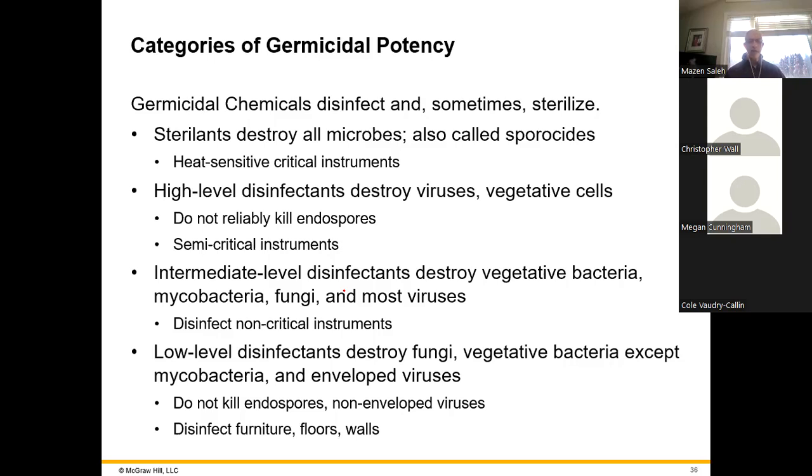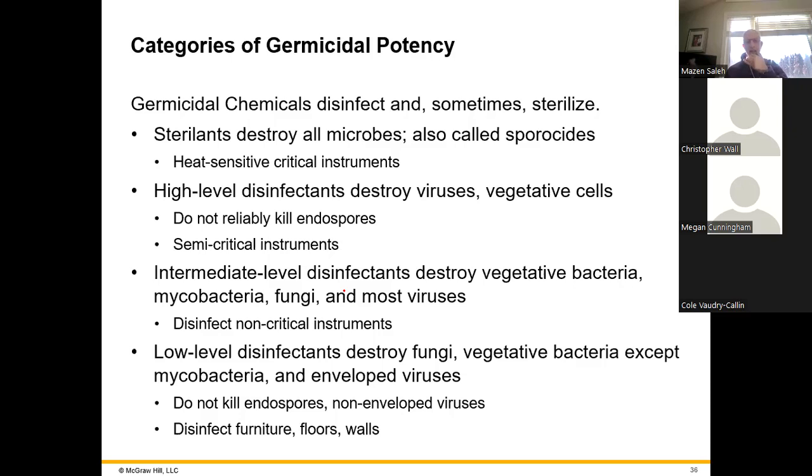So we have the sterilants that destroy all microbes, also called sporocides, because they're able to sterilize, meaning to really remove spores as well, endospores. So they're also sporocides. And these are quite effective for heat-sensitive critical instruments, for example, instruments that contain plastics and need to be used in sterile tissue.